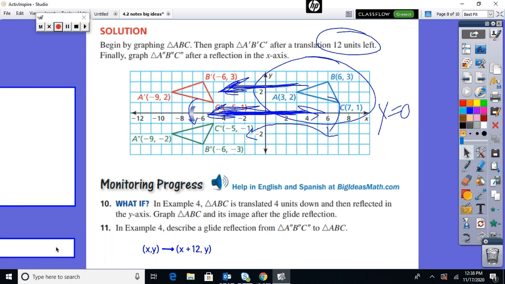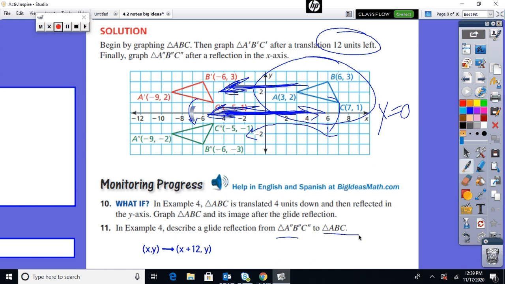And example 4, describe a glide reflection from A double prime, B double prime, C double prime, backwards.